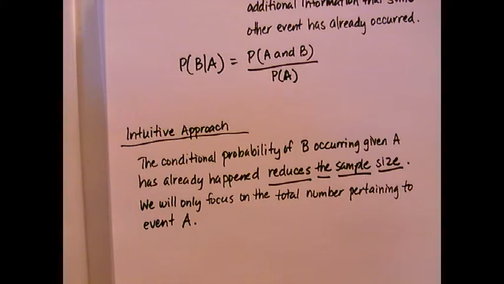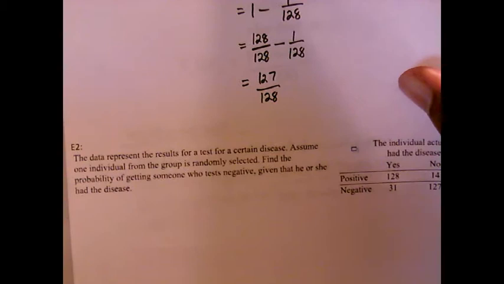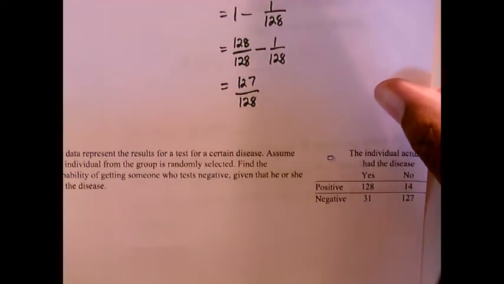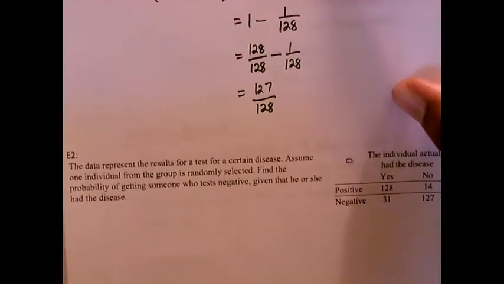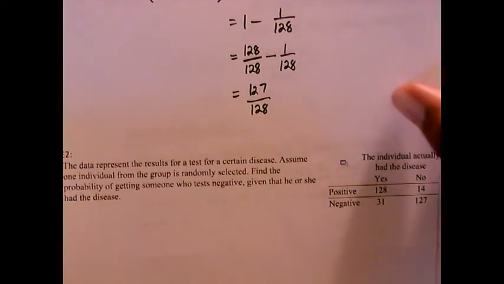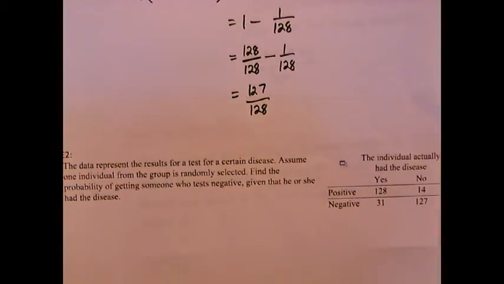So in this case, let's look at this example. Here the data represents the results for a test for a certain disease. Assume one individual from the group is randomly selected.